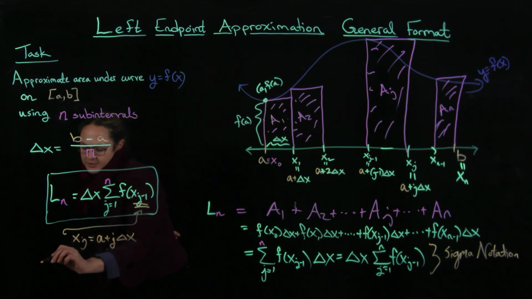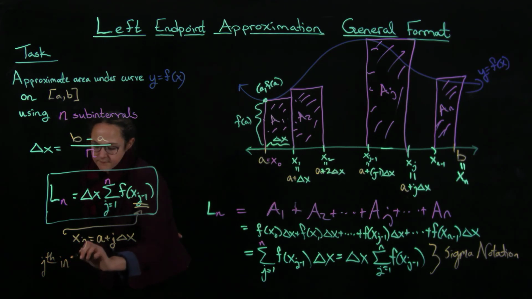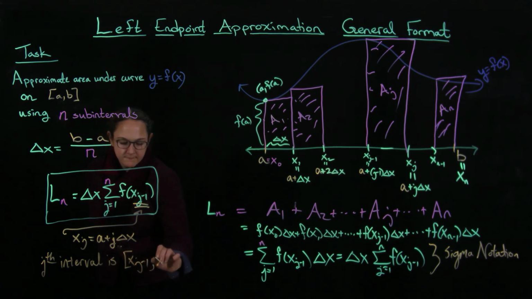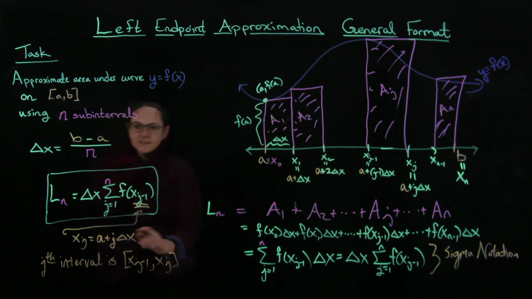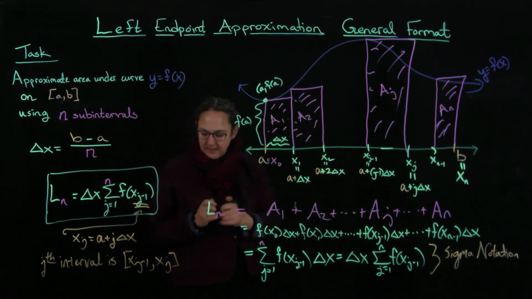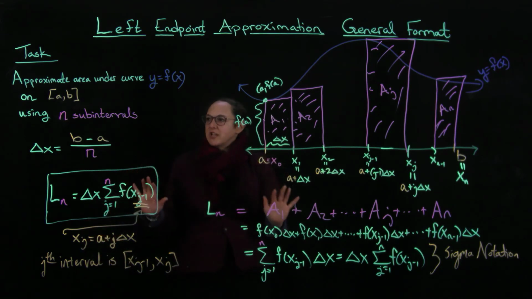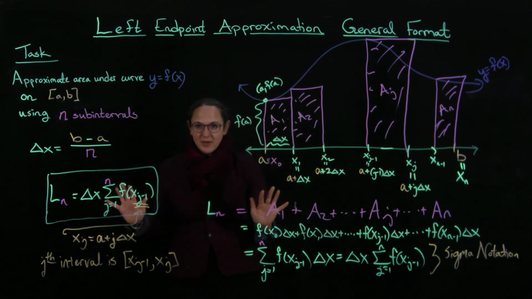And then my jth interval is [x_{j-1}, x_j], okay? So we're just putting this all into formal notation. That's okay. We don't get confused by that.